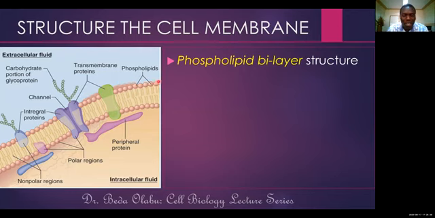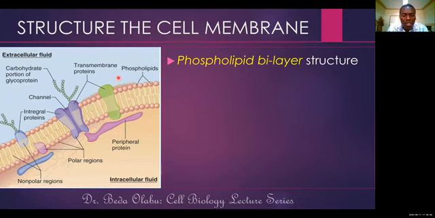That's the basic structure. Now, how are these phospholipids organized? Look at this. They are organized in such a way that the fatty acid chains are sandwiched between the phosphate groups. Having said so, the fatty acid chains which are sandwiched are actually hidden away from the watery environment.